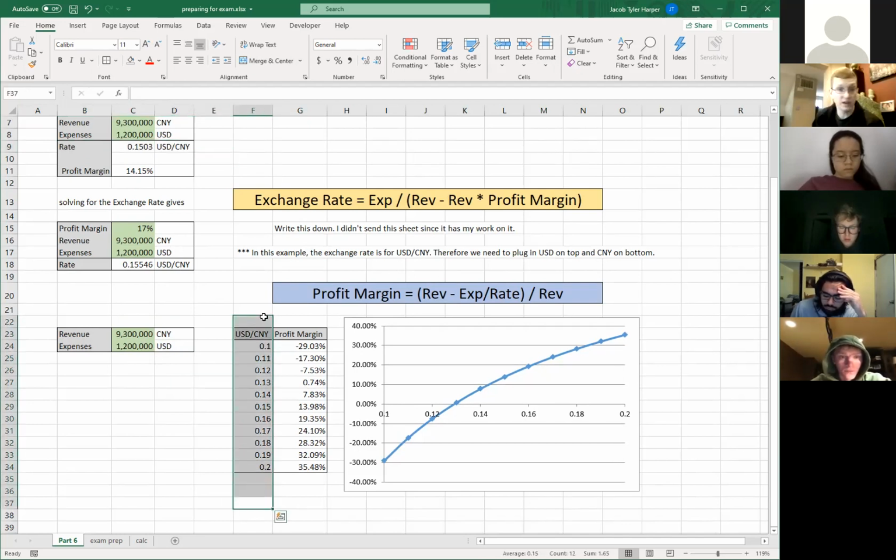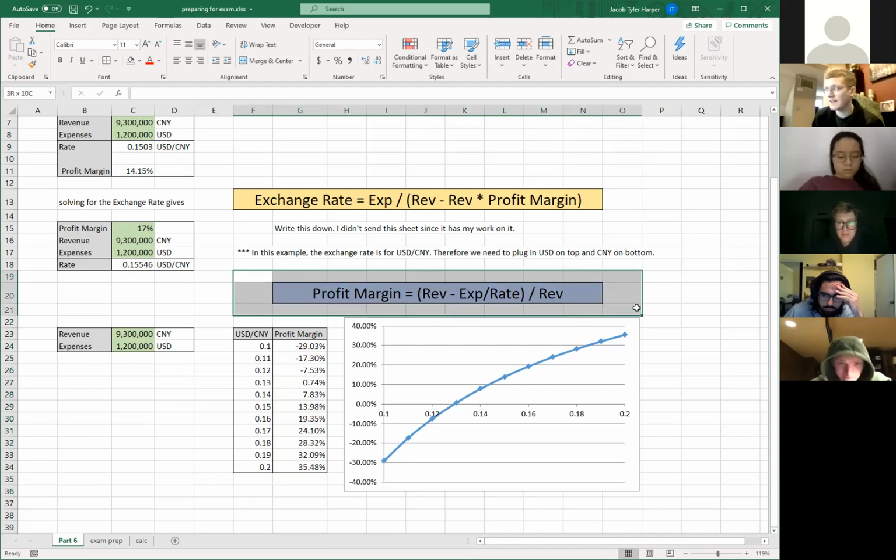We are creating a list that varies from 0.1 to 0.2 that we're then using to create a bunch of different profit margins and then graph. To make this list, you can use that trick I showed you last time where you just write down the first 2 and drag. Well, how do we get this second column? Since we're solving for profit margin, it's the exact same formula from question 1.